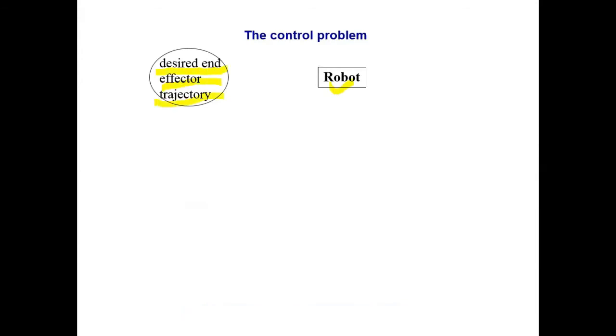Let's take a robot, and we wish this robot to follow a desired end effector trajectory. So the next step will be to use all the given information to compute the torque of joint motors. For that purpose, we will use an inverse model.